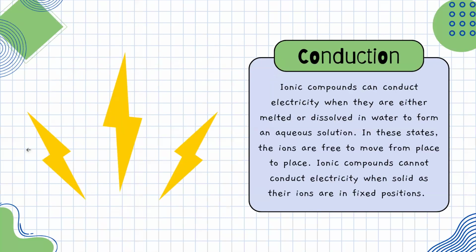So now let's proceed to the next example before we call it a day. Here are some characteristics of ionic compounds. Characteristic number one is called conduction. So can somebody read for me what is on the screen right now?